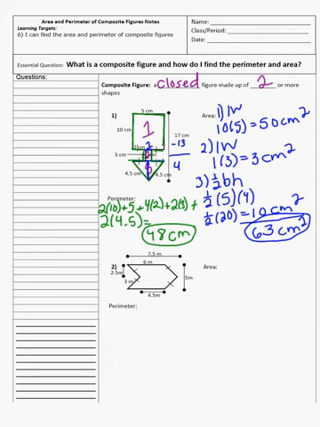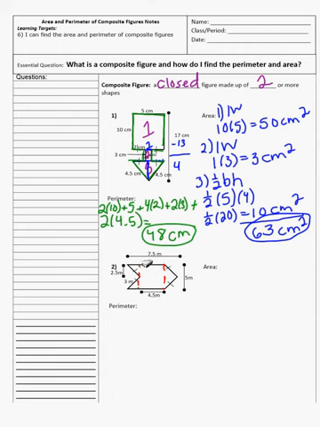All right, so you should have solved your problem, and now let's go over it. There are a couple ways you could have split this figure up. Maybe you said you had a triangle, another triangle, and a rectangle.